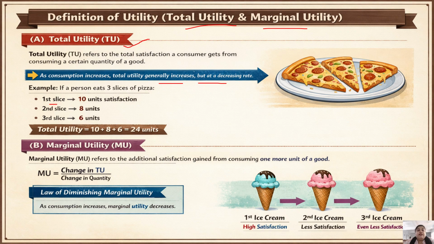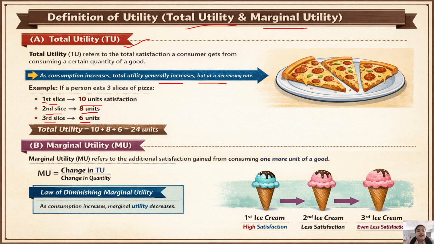If the consumer takes the first slice of pizza, he or she may get 10 units of satisfaction. But after eating the second slice, he or she may have only 8 units of satisfaction. It means that the total utility is increasing but at a decreasing rate. From the third slice, the consumer may get 6 units of satisfaction.